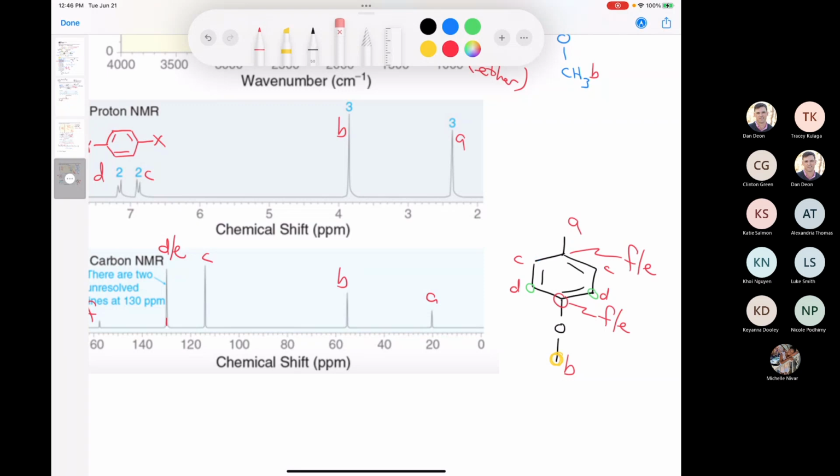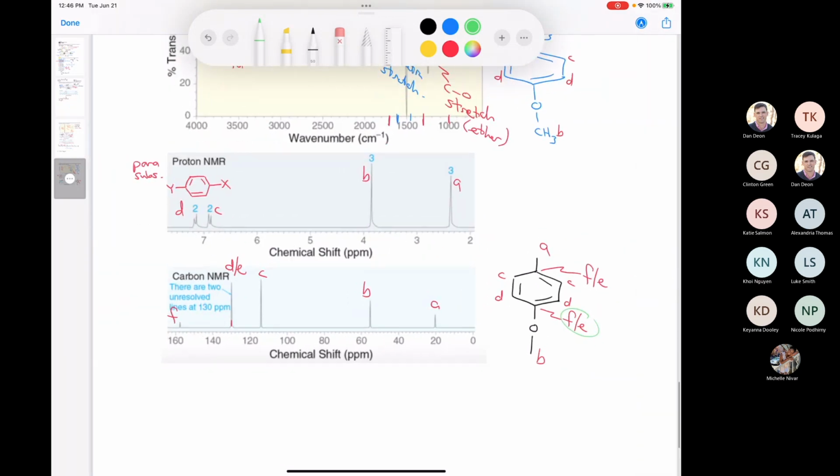So just like that, we were able to annotate all of the carbons on the molecule. And sometimes you'll end up with an ambiguous situation like this where you're not really 100% sure. If I had to guess, I would say that the one that's closer to the oxygen is F, and the one that's further from the oxygen would be E. That makes the most sense. Like that. So there you go.